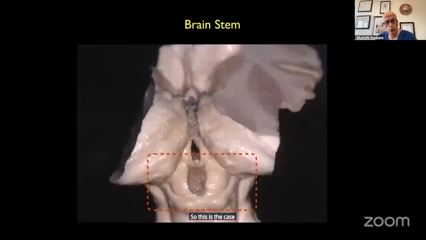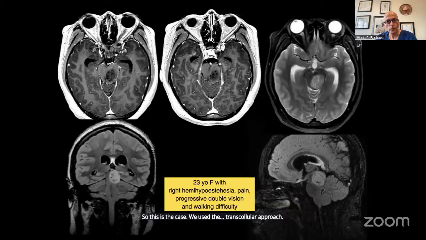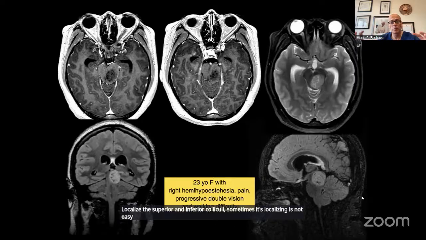We use the transcollicular approach. Look at this lesion, a focal lesion in the brainstem, mesencephalon. So we come supracerebellar, infratentorial, and localize the superior and inferior colliculi. Sometimes localizing is not easy if they are expanded, but anatomy dictates: the fourth nerve.